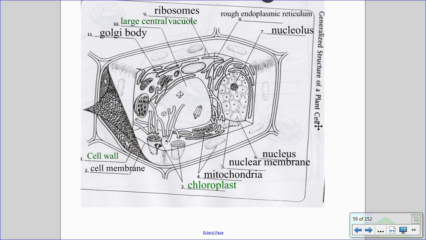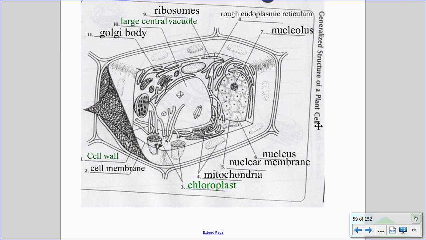Now you'll notice that I did number one, number three, and number ten in green, because those structures are sort of unique to plant cells. Plant cells only have a cell wall, plant cells only have chloroplasts, and plant cells generally have a very large vacuole.